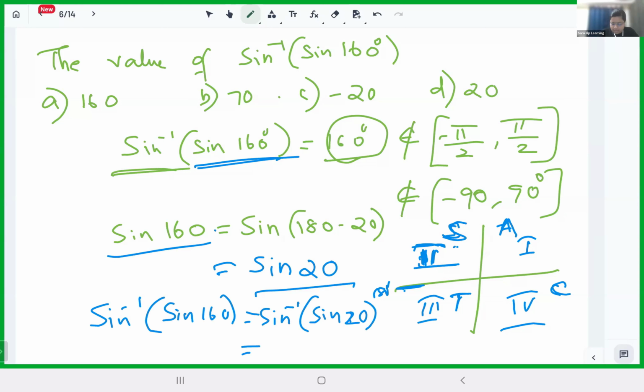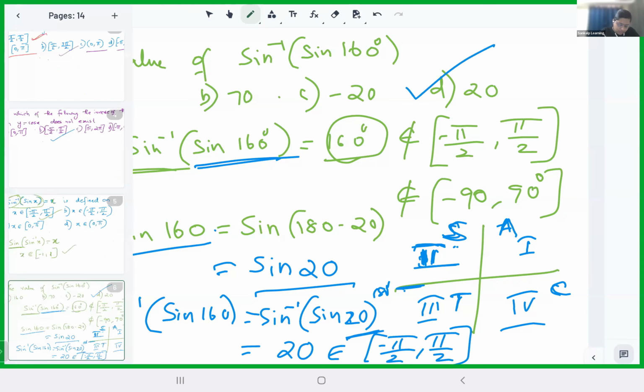Over here, x is 20. So sine inverse of sine 20 is equal to 20. And this 20 belongs to the principal value branch minus pi by 2 to pi by 2, isn't it? It lies between minus 90 and 90. So we can say that the answer is 20. So option D.